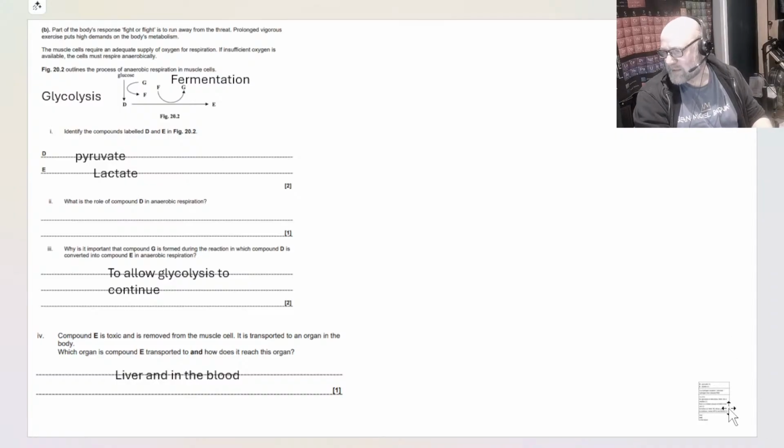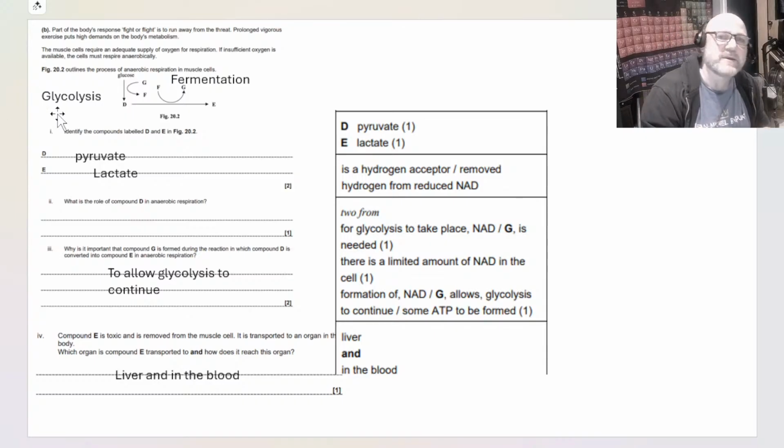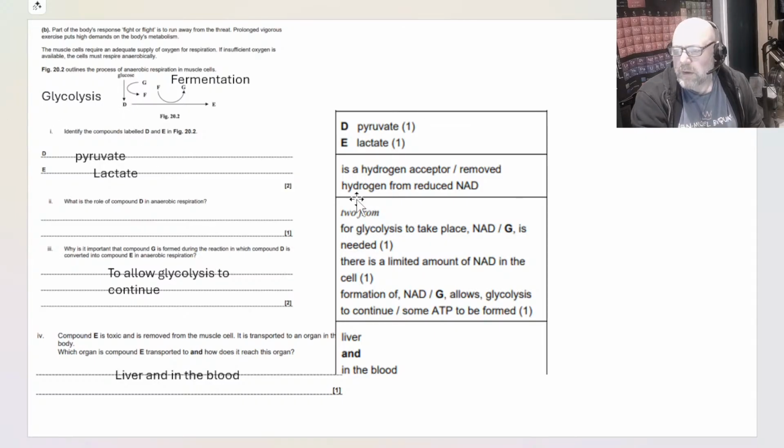So here are your exam board answers for this. Pyruvate, lactate. Oh, I forgot about that bit. What is the role of compound D, the pyruvate? Hydrogen acceptor. Okay, right. So it takes the hydrogen from the reduced NAD.